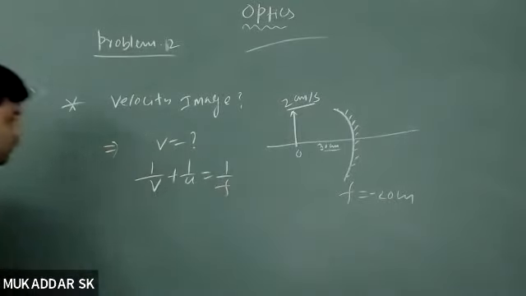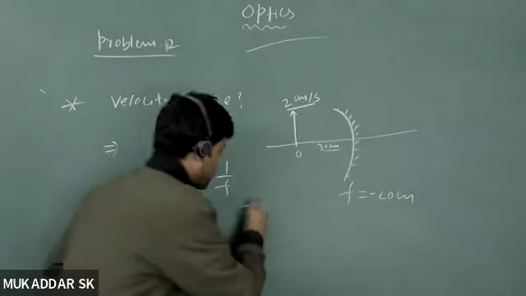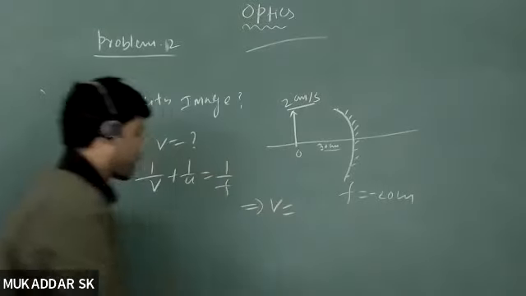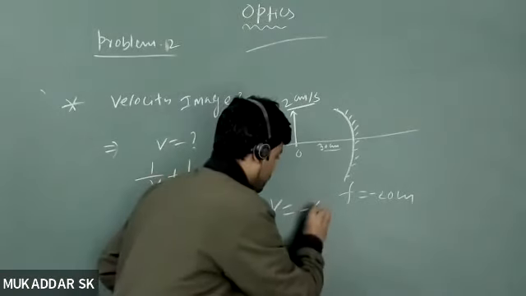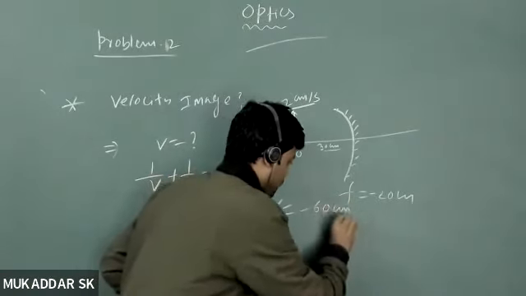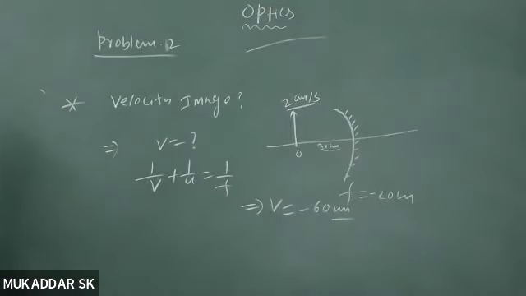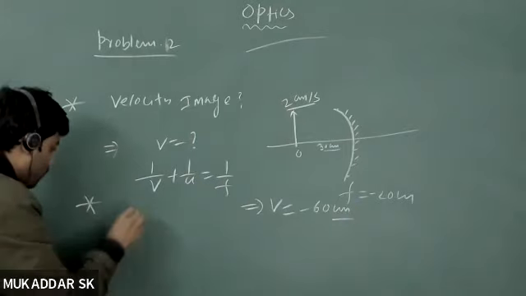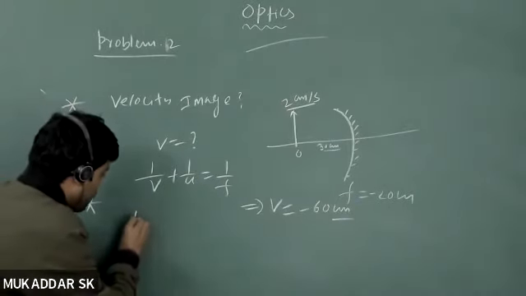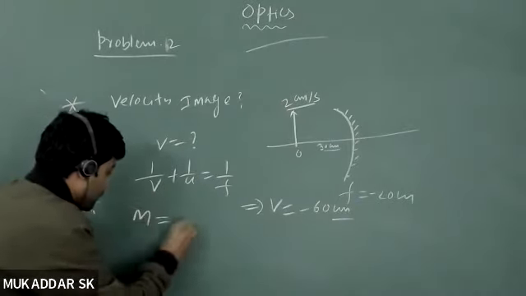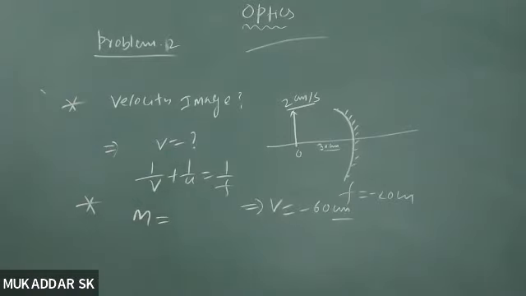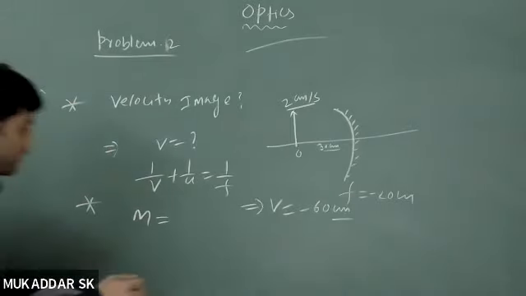By using this formula, we have obtained the position of image. That was how much? Minus 60 centimeter, right? Am I correct? Yes, sir. Okay. Now, if you remember, we have discussed that magnification of spherical mirror that is represented as how what?